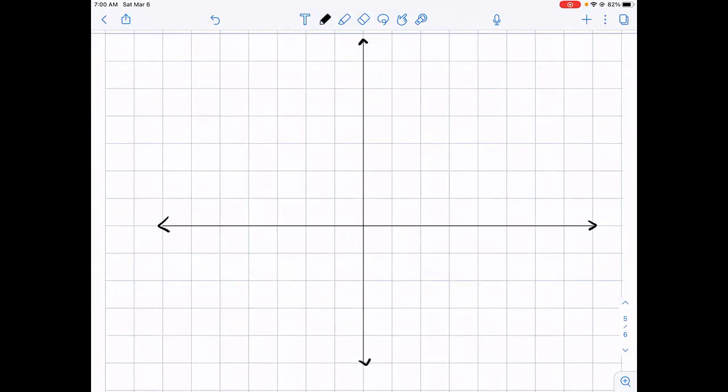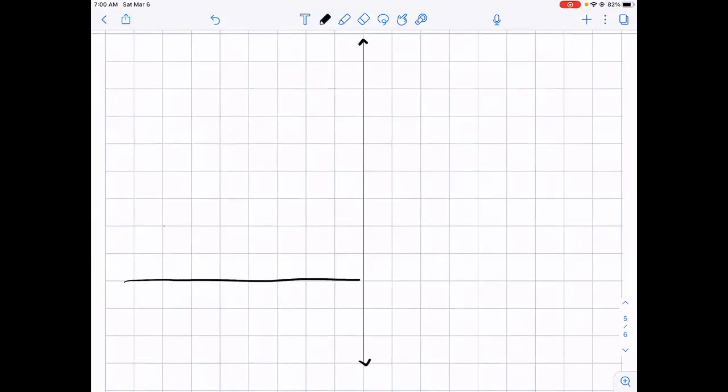And for simplicity's sake, 2, 4, 6, 8, 10, 12, still doesn't work. Let's bring this down here, see if this will work. 2, 4, 6, 8, 10, 12, 14, 16, yes.